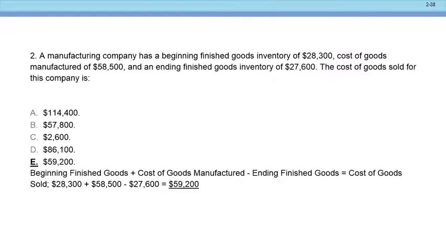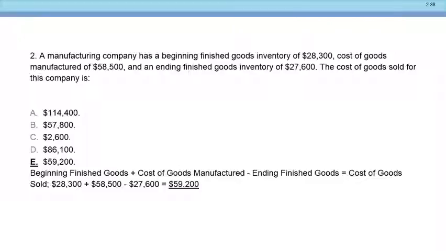Okay, and so I'm sitting over here with, is this the one we were working? Okay, all right, so I'm going to just work it up on the board so that we don't have to sit here and suffer as I go back and forth trying to make this thing work out. So we have 28,300, that's my beginning, so I'll pick that up. Do they give me the ending? They tell me that the ending finished goods is 27,600. Okay, good.